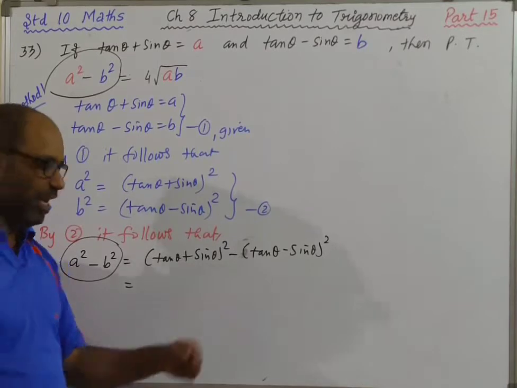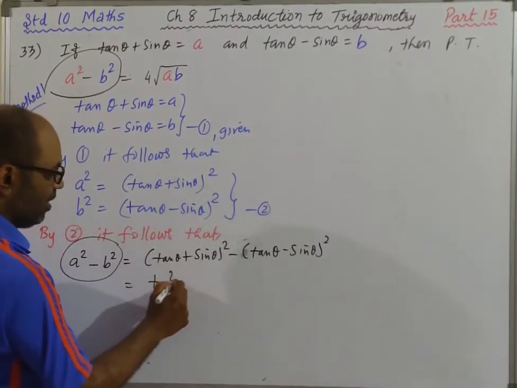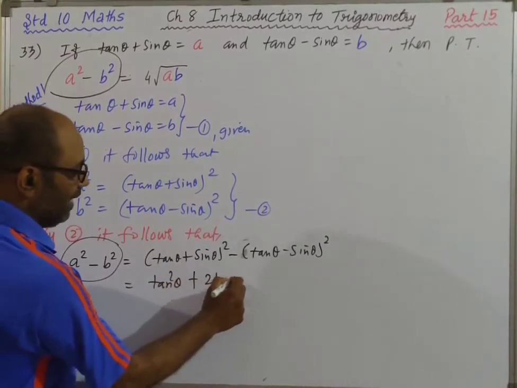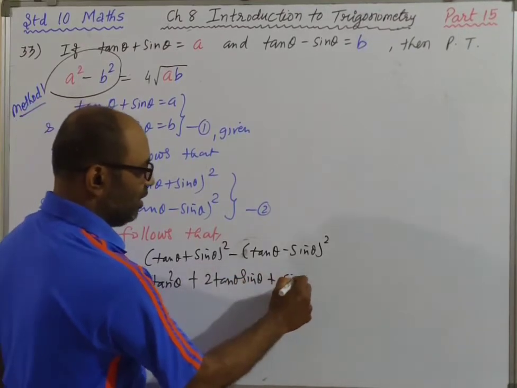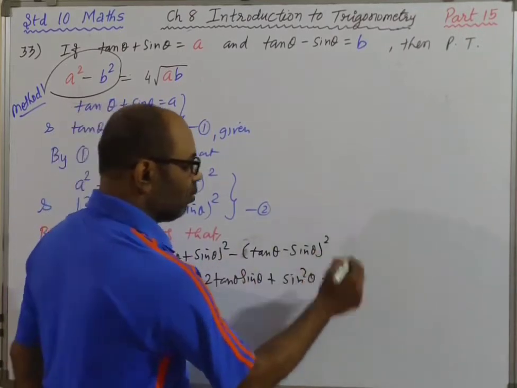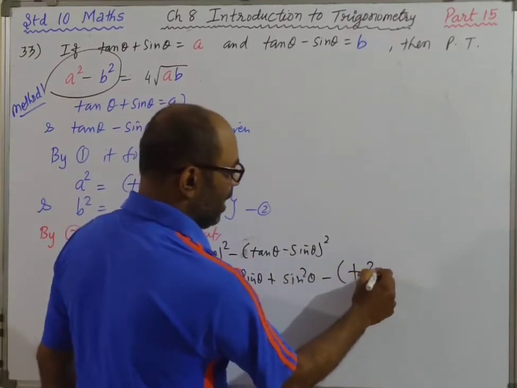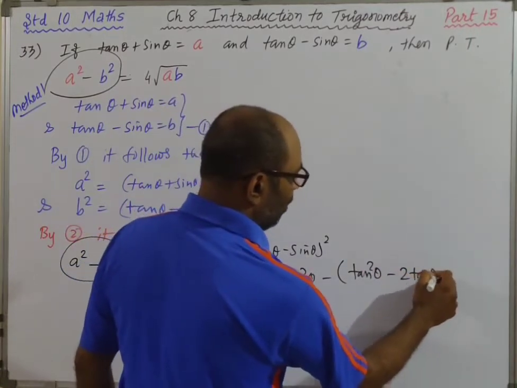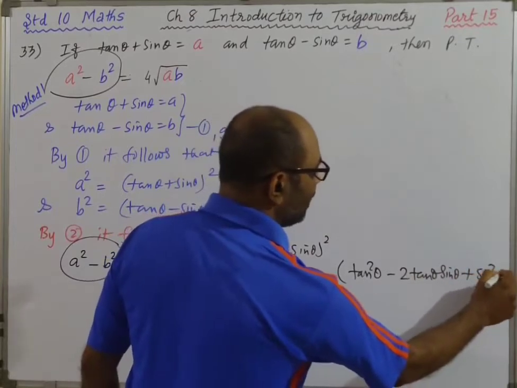Now simplification करना है. A plus b whole square, so a square, that is tan square, plus 2ab, so 2 into tan theta into sine theta, plus b square, that is sine square theta, minus, so I'll have to write expansion in bracket. First term square, tan square theta, minus 2 into tan theta into sine theta, plus sine square theta.